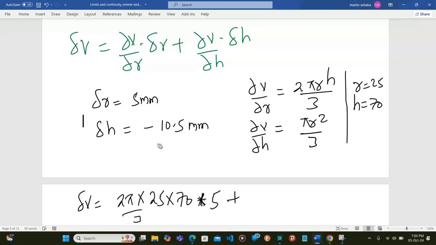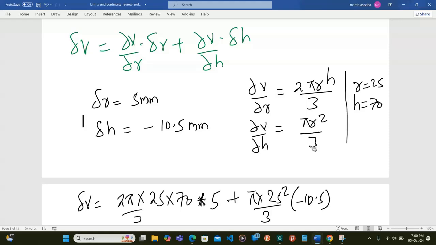Then plus del V del h, which is pi r squared, where r is 25, so 25 squared, divided by 3, times delta h. But this delta h is negative, so negative 10.5.